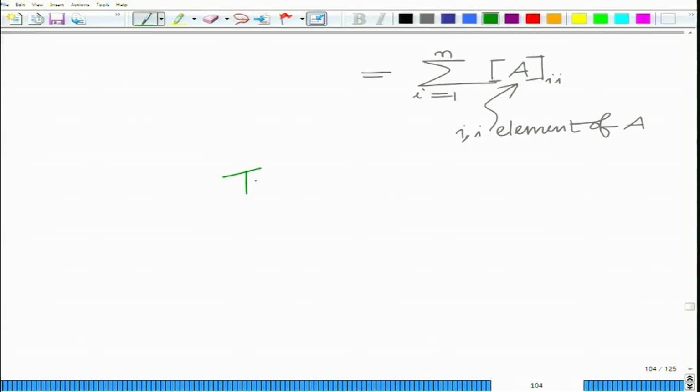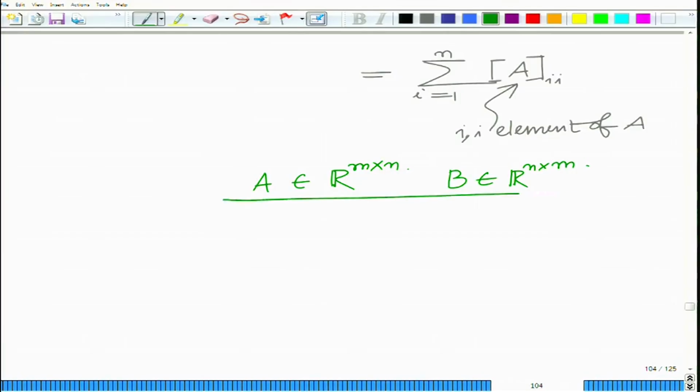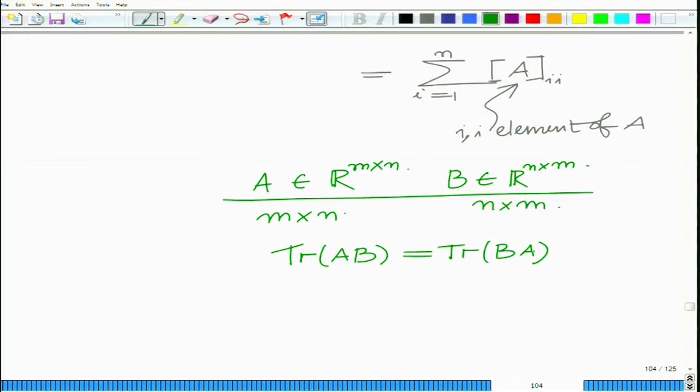We want to show that for any two matrices, let us consider A which belongs to M cross N, and B which belongs to N cross M, so that we can multiply A and B, then trace of AB equals trace of BA. This is an interesting property.